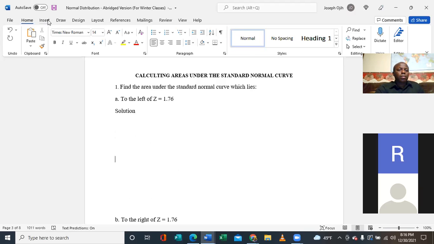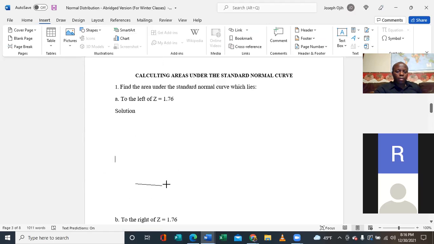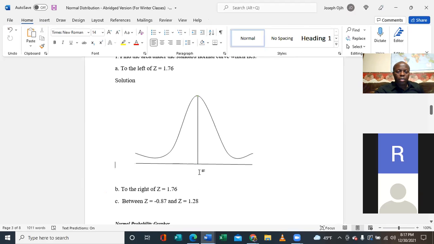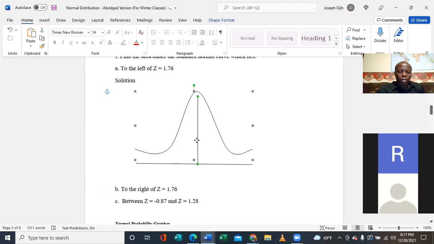So we're going to draw this chart. I'm going to put the x-axis, then I'll put the center for the mean. We are doing it on paper, it's easier.